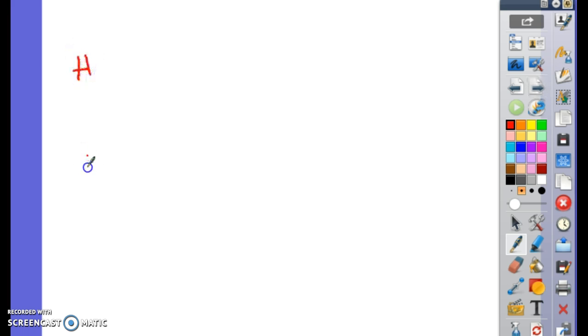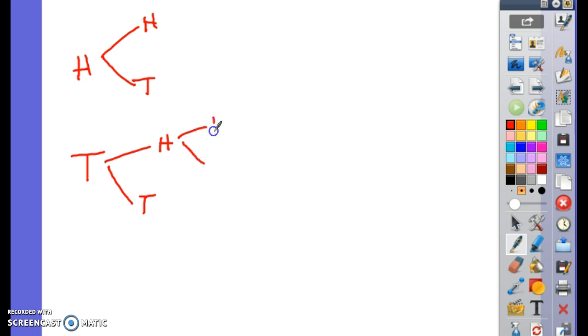So you could do heads and a tails, and then your second flip would be a heads or a tails, and then for the third one, heads, tails. You'll do the same for here.